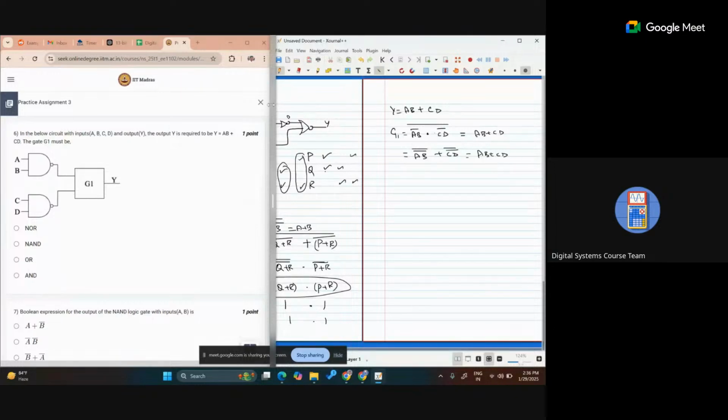NAND gate. So simply, if you want A plus B like this using NAND gate, what you are supposed to do is take the inverted values of these two terms and give them to the NAND gate. Yes, sir, I got it now. I misinterpreted that as an AND gate.